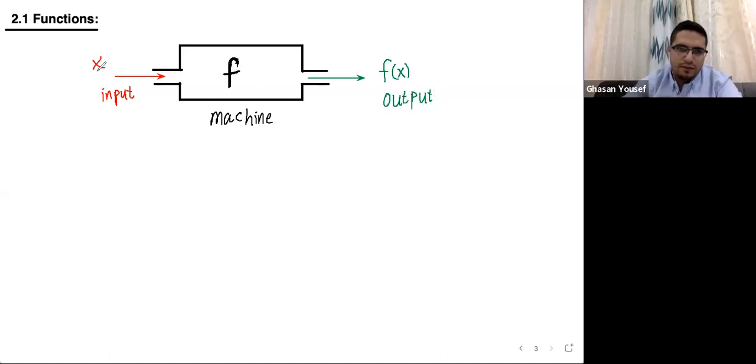The input here, the variable x, is taken from a set.